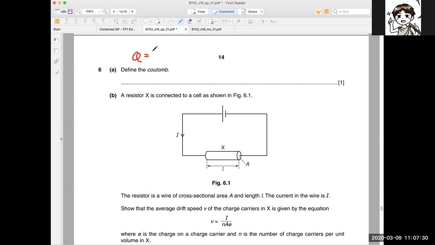Q equals I times T is just the product of 1 ampere current. So you say it's the charge of 1 ampere current in 1 second. So 1 A times 1 second gives you 1 Coulomb. No question? Okay, let's go on.